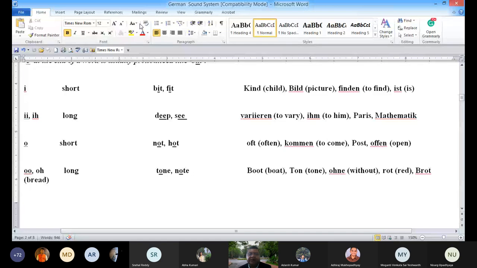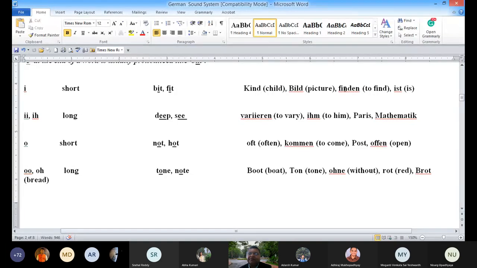On the same pattern, you can pronounce these German words. K-I-N-D. In fact, D at the end is pronounced like T. So K-I-N-D should be pronounced kint. D becomes T. Similarly, B-I-L-D, built.